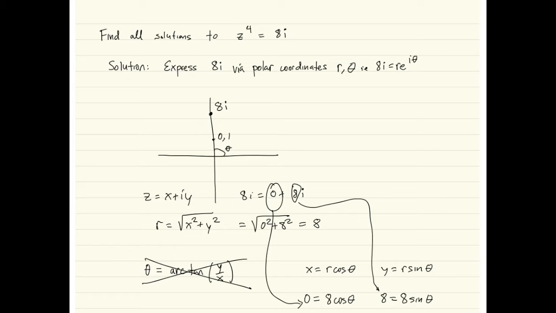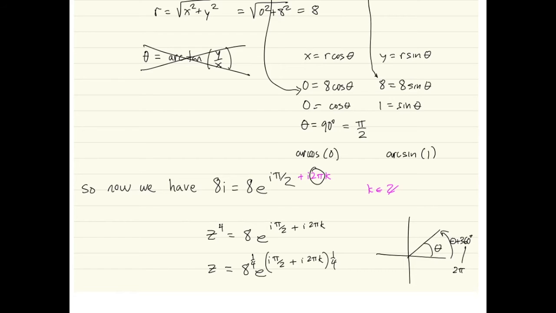So 0 is equal to 8 cosine theta, and similarly y is 8, which is equal to r sine theta, so 8 sine theta. Solving these two equations, we get that cosine theta is 0 and sine theta is 1.